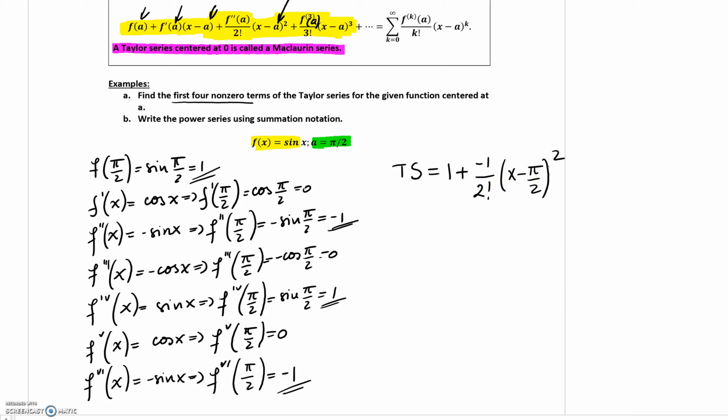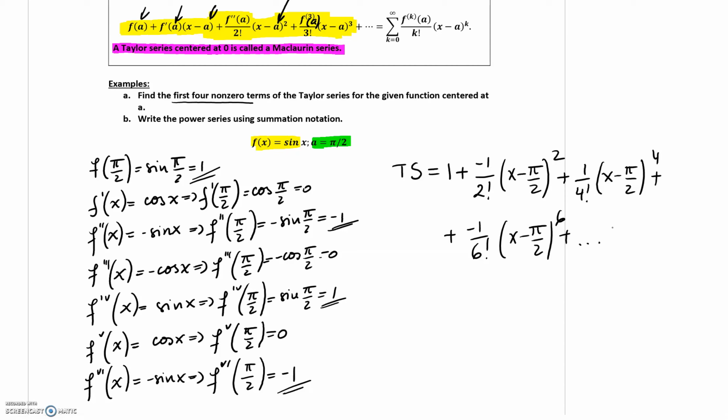Then the third derivative is 0, so the fourth derivative gives plus 1 over 4 factorial, x minus pi over 2 to the fourth, plus the fifth derivative is 0, the sixth derivative, so it's plus negative 1 over 6 factorial, x minus pi over 2 to the 6th, and so on. So this would be the Taylor series with 4 terms.